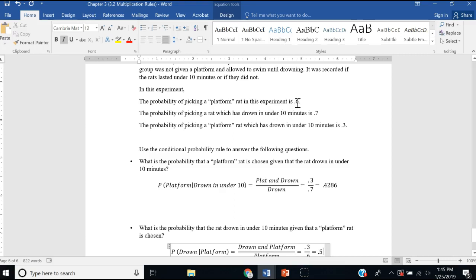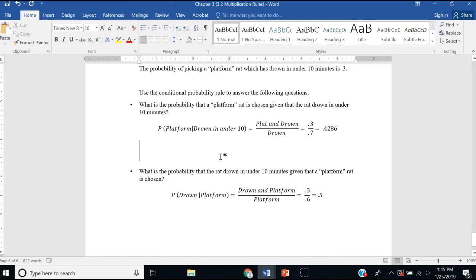And platform rat being 0.6, well, we can know the complement of platform is not a platform rat, so the other group. So we could figure out 0.4 is not a platform. The probability of picking a rat which is not a platform rat is 0.4. So we could have done all of this, and we could have given some more probability questions, but I think that suffices to show you how dependent probabilities go.